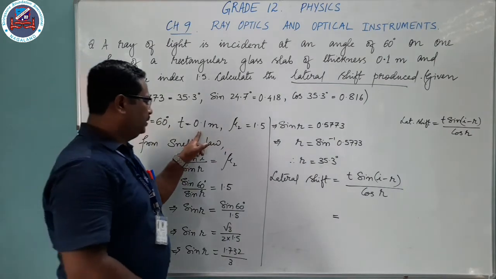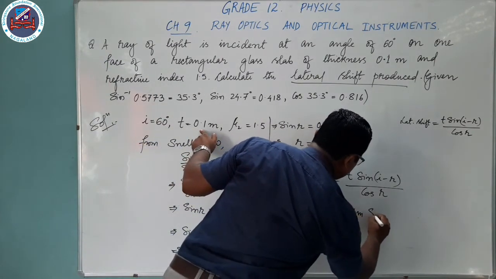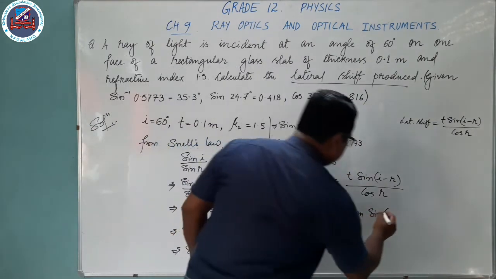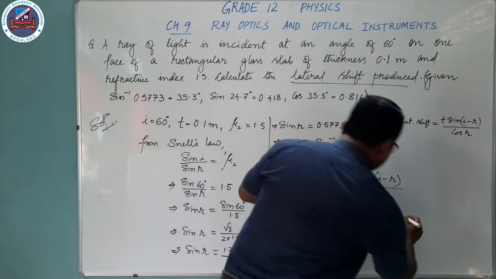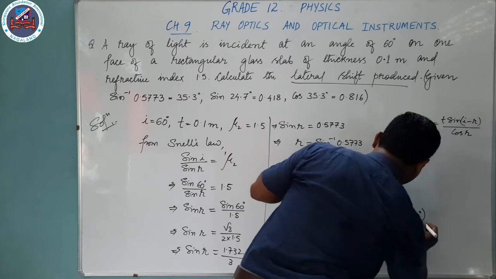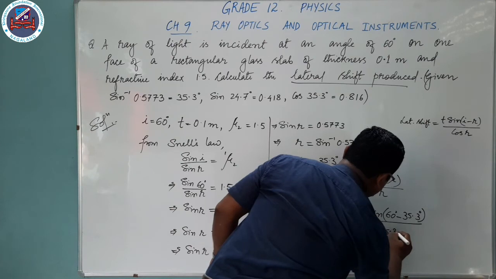You have the value here, 0.1 meter. Sine of angle of incidence I, which is 60 degrees, minus angle of refraction 35.3 degrees, divided by cos 35.3 degrees.